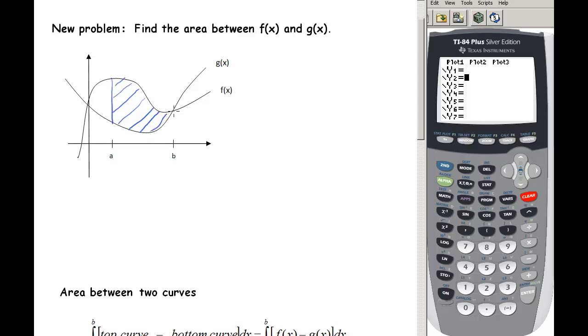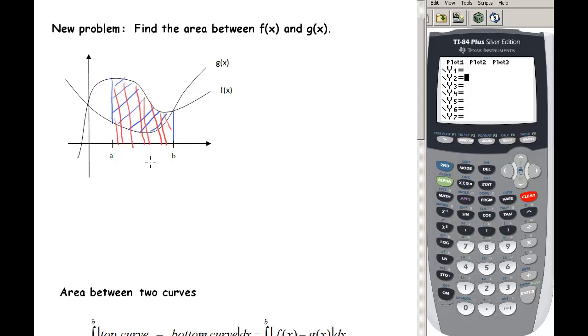So we know from what we just looked at that if we want to find the area between f of x and the x-axis, that gives us this big area here. But the problem is that this includes some extra area.